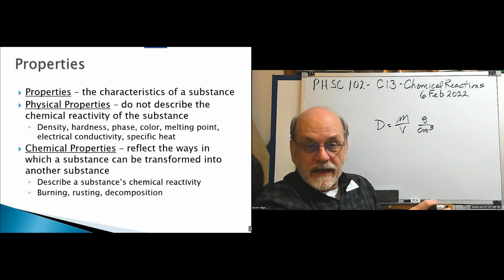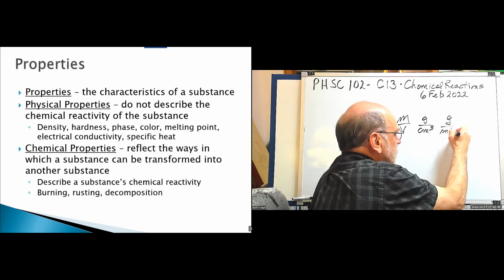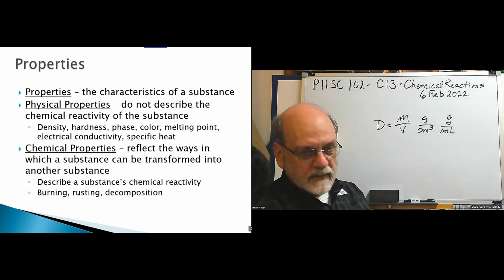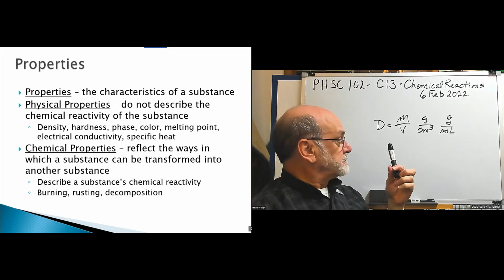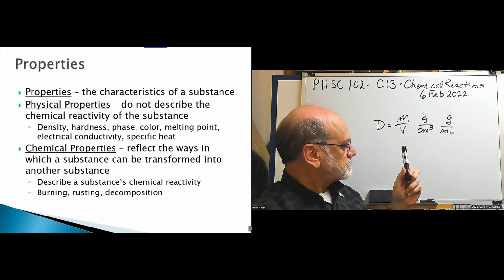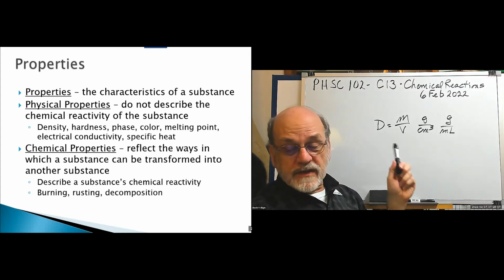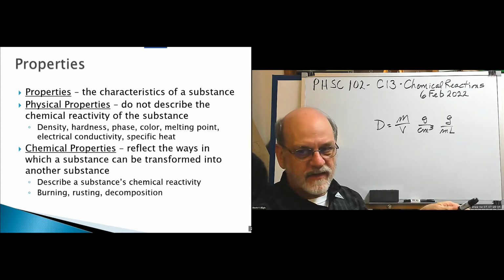That's typical for solids. Or grams per milliliter, which is typical for liquids. Now you can express those either way, and the number that accompanies those units will be exactly the same.